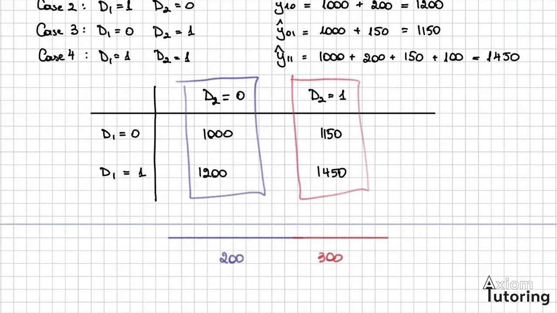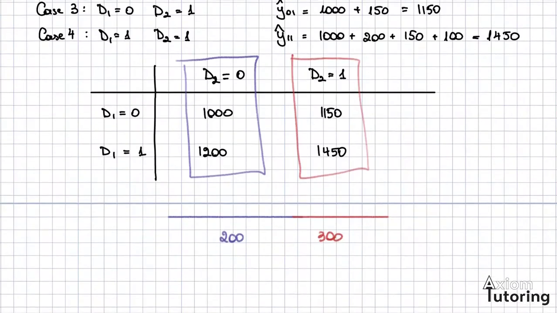So from here, we can sort of already see that employment has a bigger effect when training is present. Okay? So that's already telling us something about the beta 3.